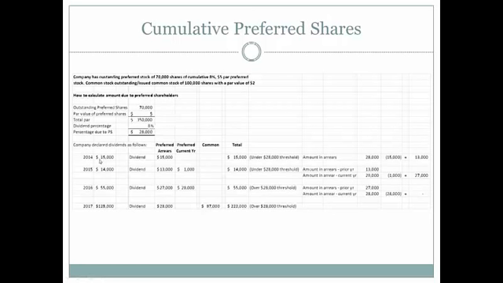In this year, they declare a $15,000 dividend, but now because it's cumulative, we have to look at the amount in arrears each year, the amount that didn't get paid to preferred shareholders. In this year, because it's under the $28,000 threshold, the entire $15,000 will go to preferred stockholders.